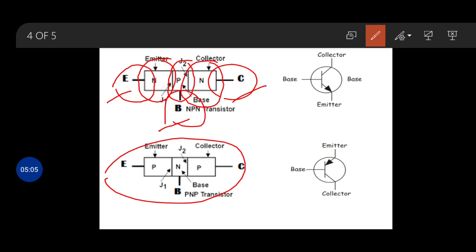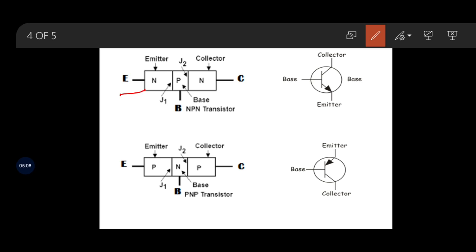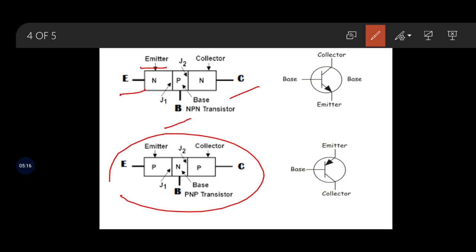The three terminals are called emitter E, base B and collector C. Same for PNP. And the regions are emitter region, base region and the collector region. Same for PNP.